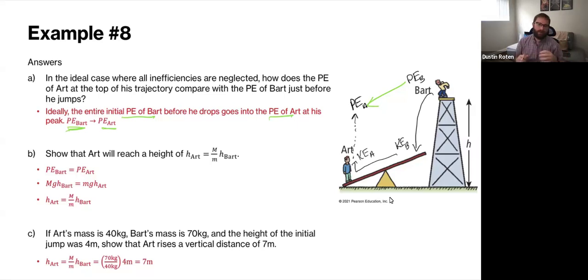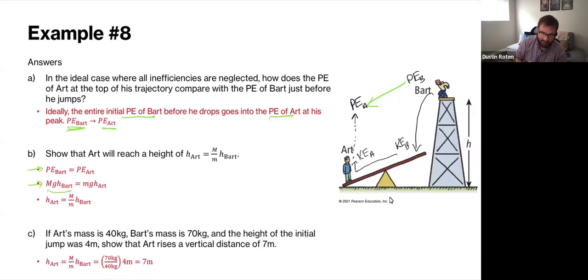Well, that's nice. So let's use this statement, since we know that these two things are going to be equal, and actually calculate Art's height. Well, we can plug things in. We know the potential energy is mgh. We know Bart's mass is big M, since he weighs more, so capital M, times g, then his height, which is going to be h Bart.